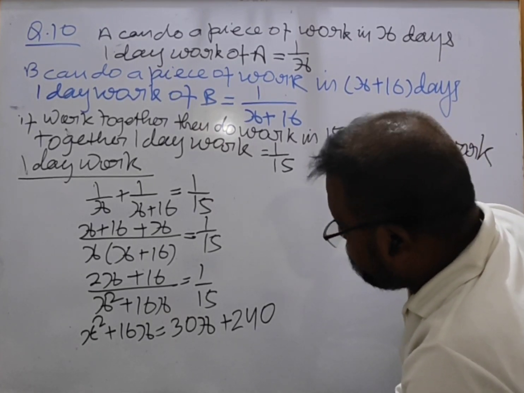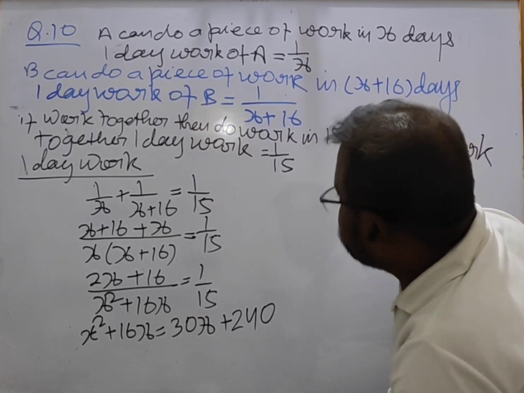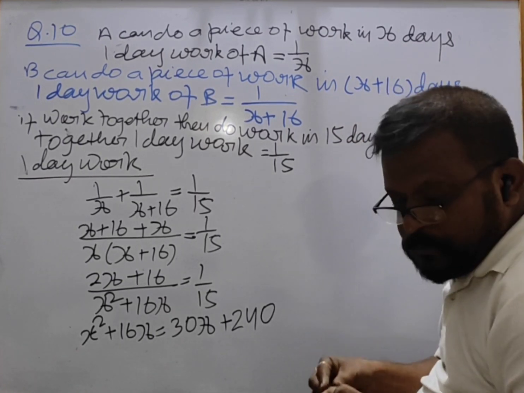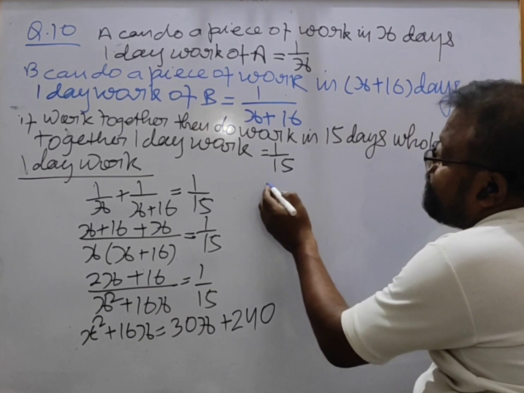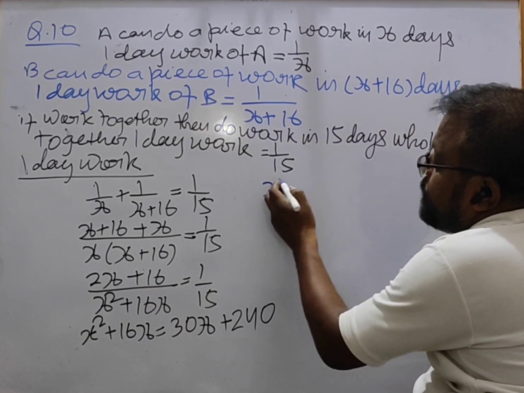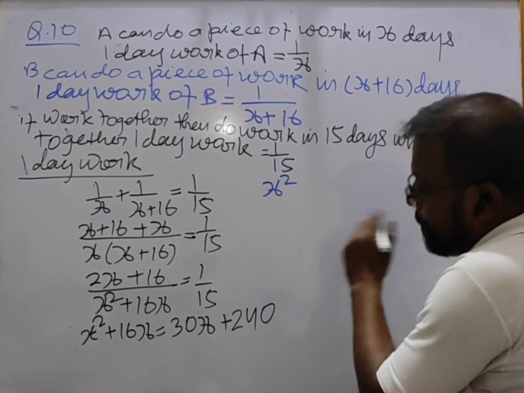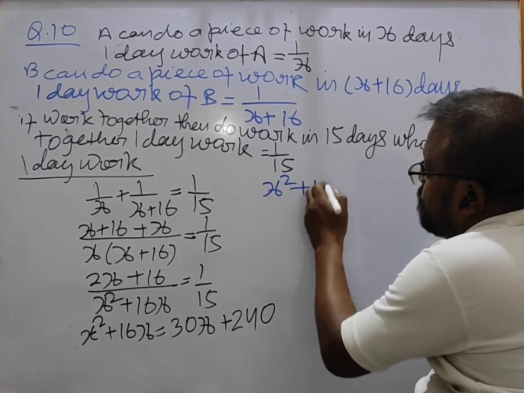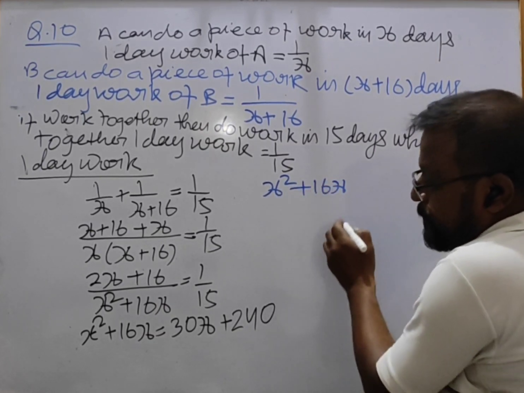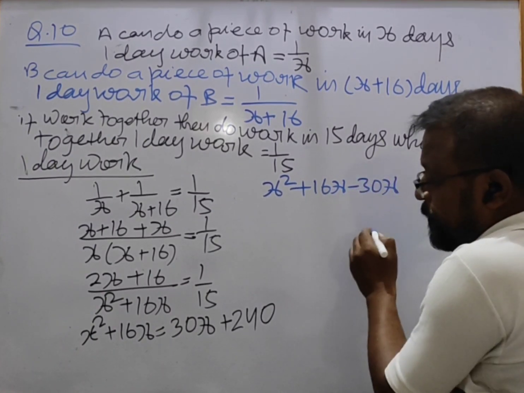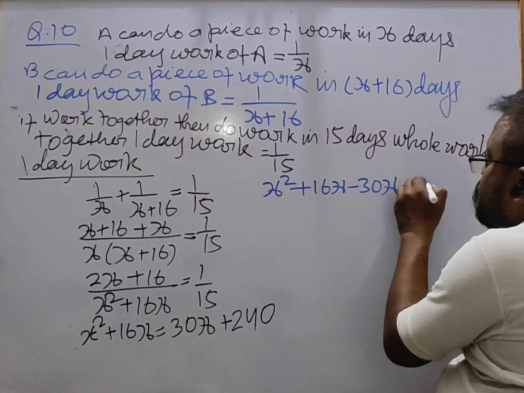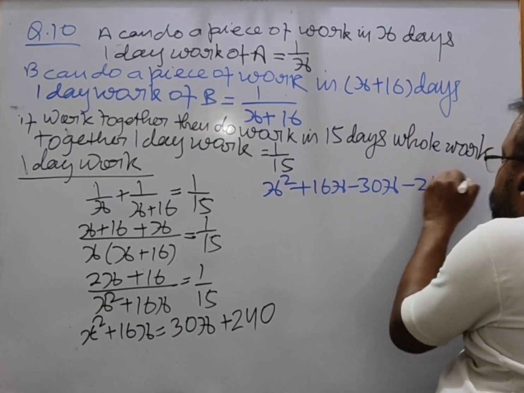Get it? So your equation becomes x squared plus 16x minus 30x minus 240 is equal to 0.